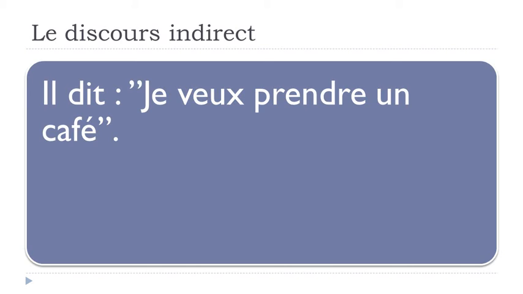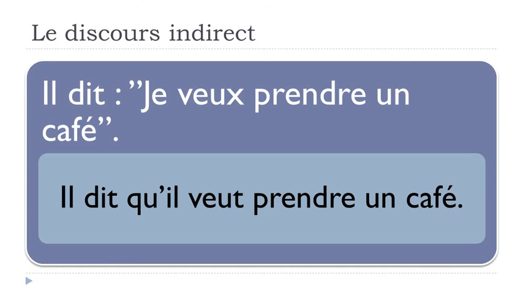So if you want to transform this sentence, it will be a bit different, because in the first sentence it was quite simple, because you had this il and elle, but in that case, of course, you've got the je veux, and you need to transform this thing, so you need to adapt it, because here we've got the subject, so subject is masculine, and then it's at the third person, so il dit.